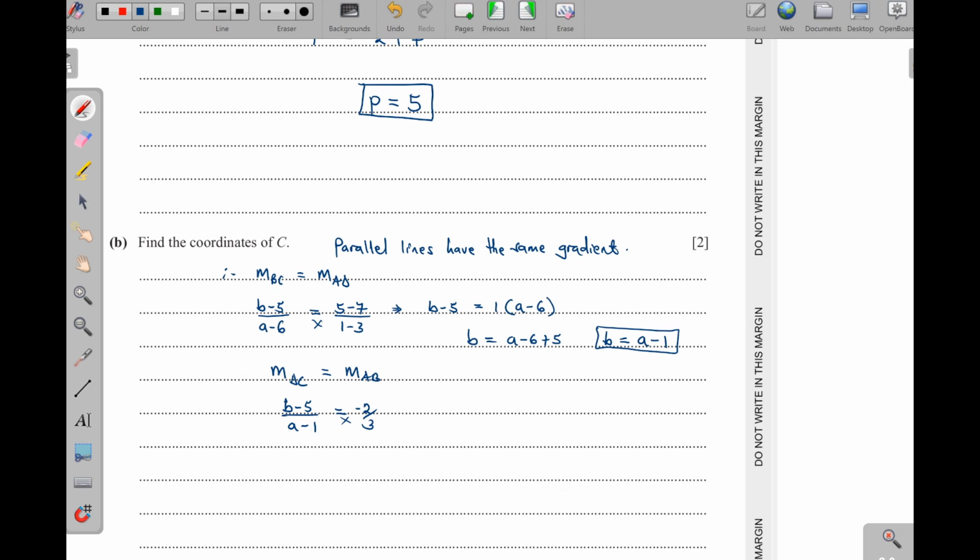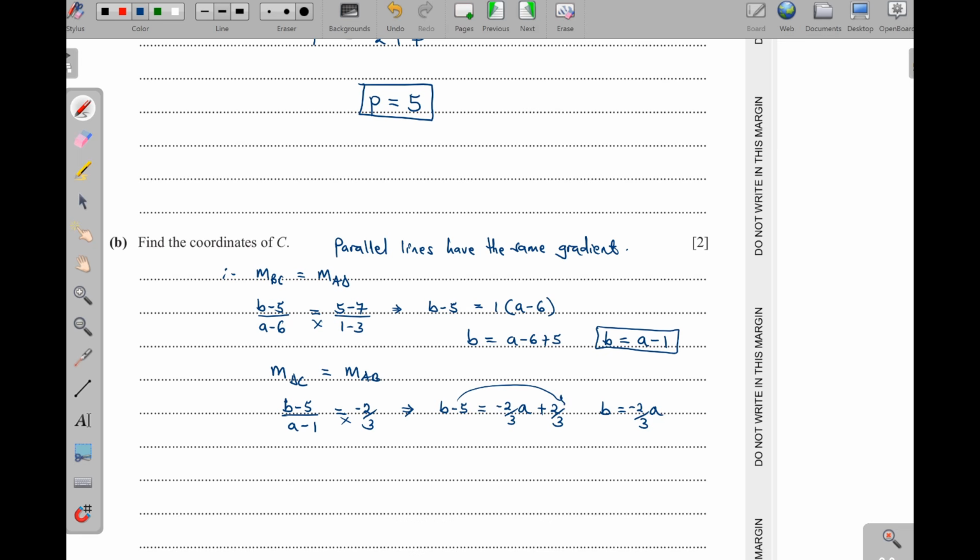When we cross multiply, we shall have b minus 5 equal to negative 2 over 3 of a, and then plus 2 over 3. You get it? Now, this simply implies that b shall be equal to negative 2 over 3 of a.